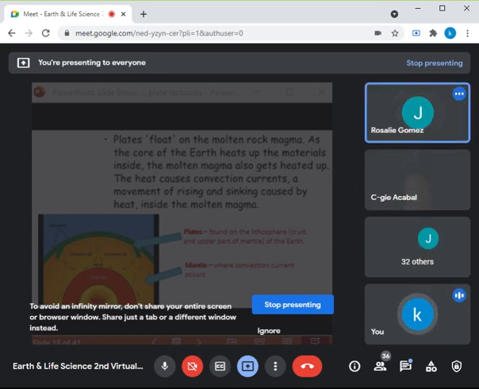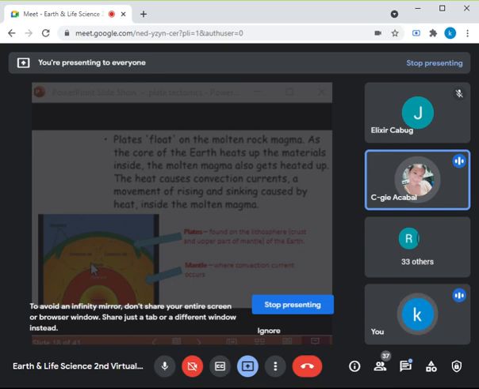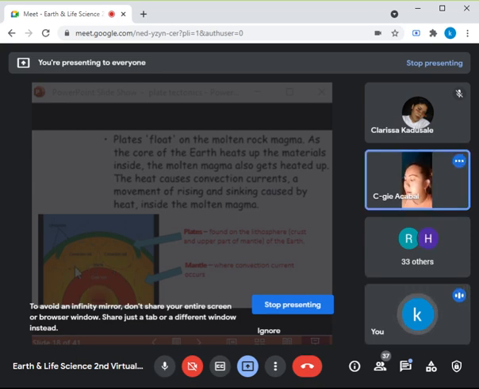Okay, very good. Mas init ang lower mantle kay mas duol man siya sa core, di ba? So mas init ang lower mantle as compared to the upper mantle. Ang kainit musaka paingon sa ibabaw sa mantle.